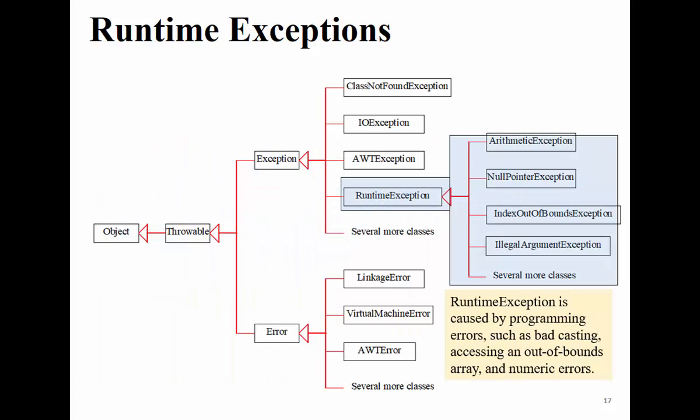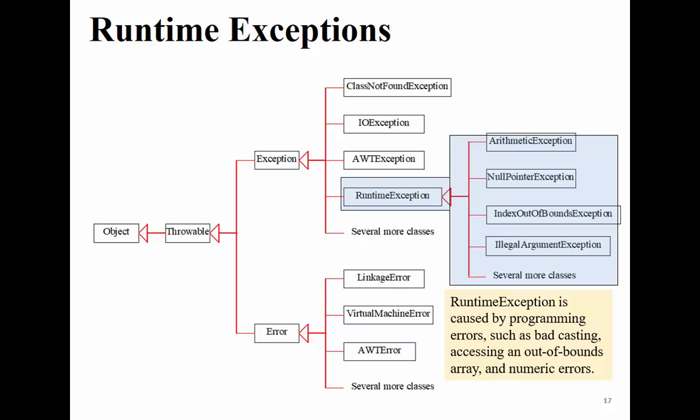A runtime exception is caused by a program during the execution. So during the execution of your app, we have these exceptions: trying to do bad arithmetic, trying to access an object that exists but is referring to null pointers, and IndexOutOfBoundsException.